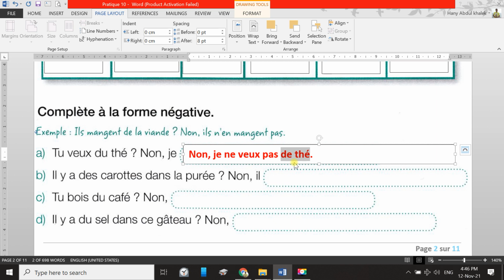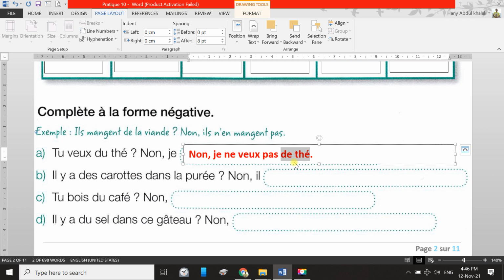But if we have any expression of quantity or any number, in the affirmative form we replace it with en, and we write the expression of quantity or the number only, without the word after it, after the verb. But in the negative form, all of it will be cancelled.